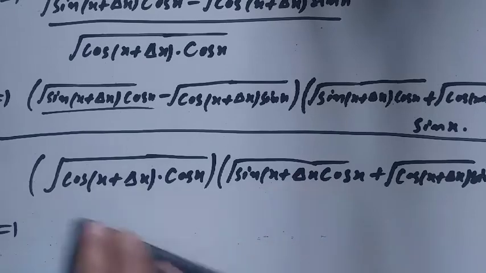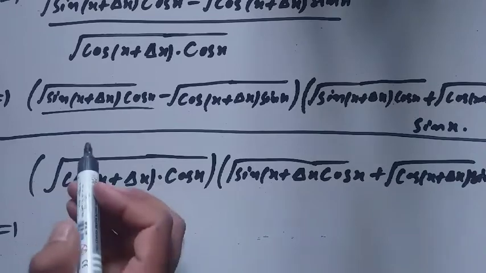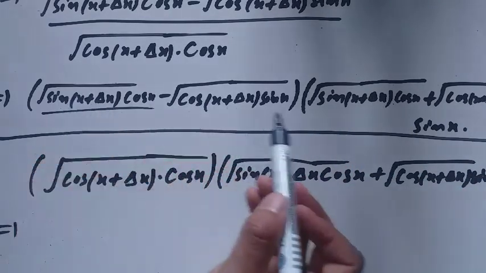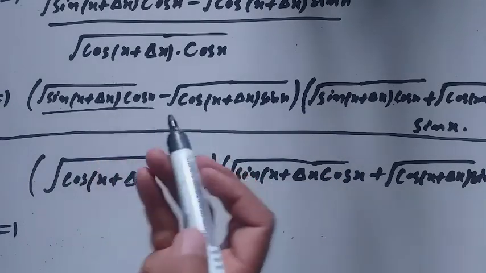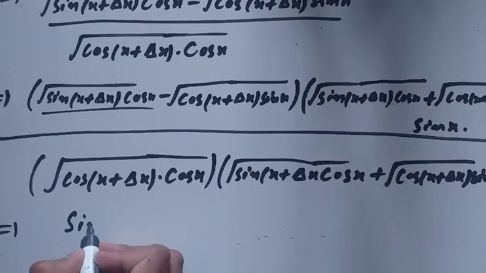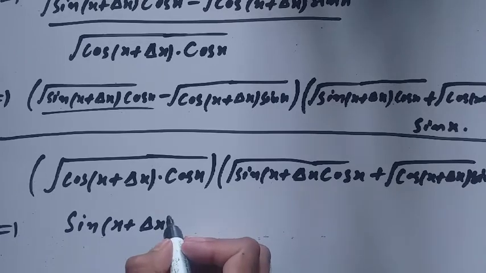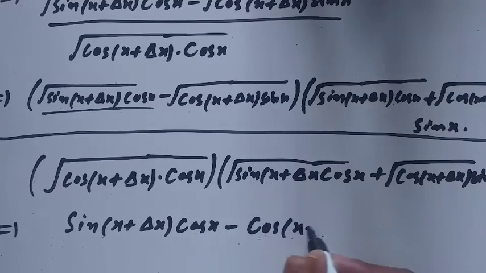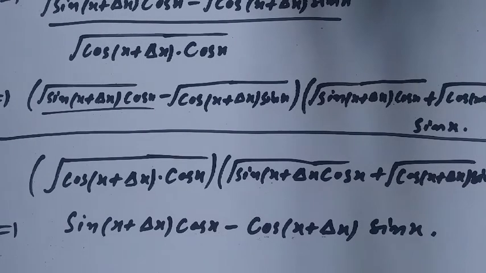This our a and this our b, a minus b, a plus b, and this I can write a square minus b square, and when we square this, square and root cancel out and we get sine of x plus delta x cos of x minus cos of x plus delta x sin of x.